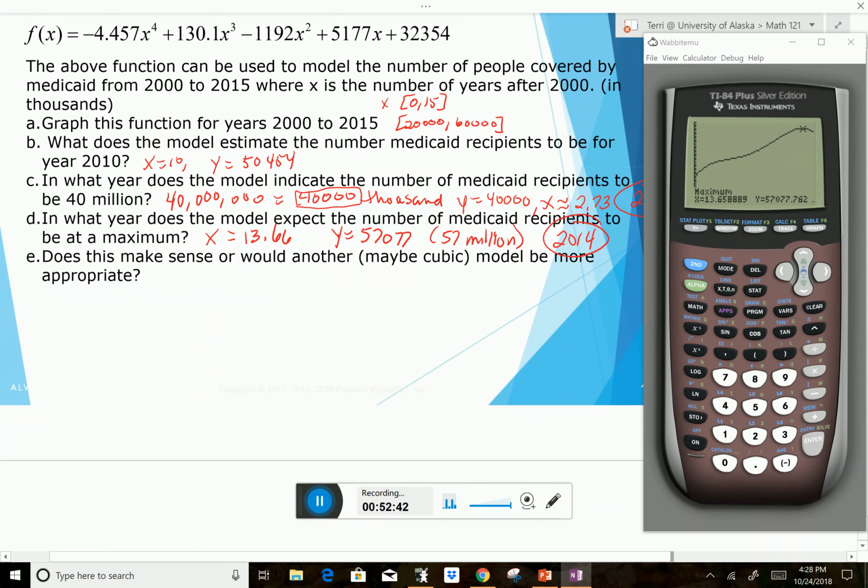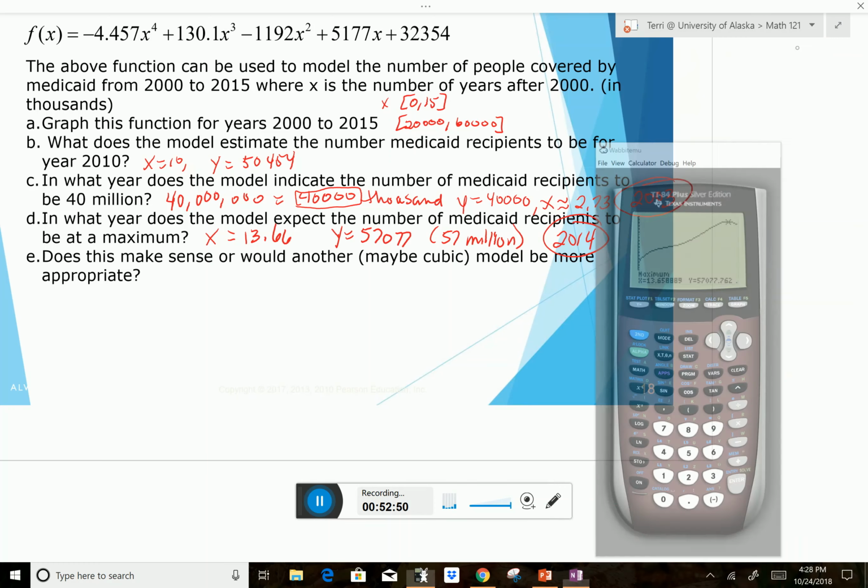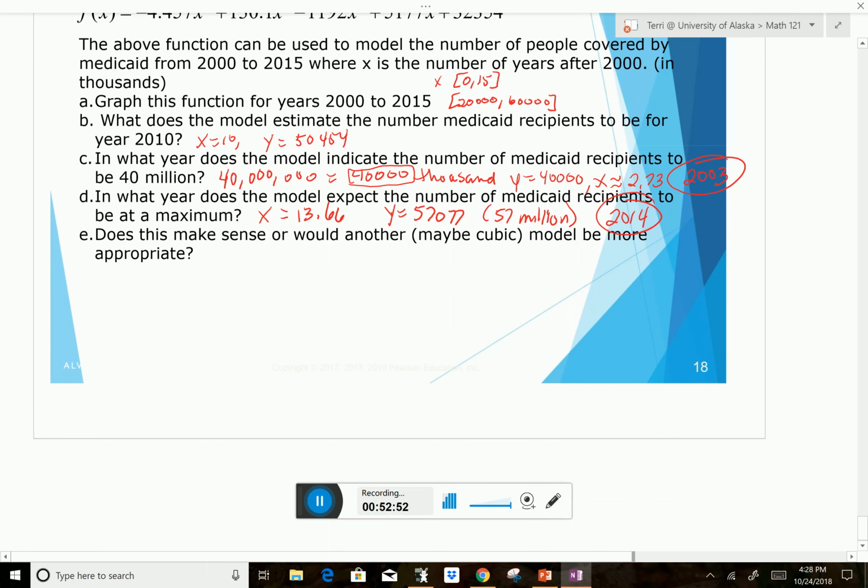So does this make sense, or would another, maybe cubic model be more appropriate? So is it likely, as population is increasing, that we're actually going to have fewer Medicaid recipients, or should it keep increasing? Well, some of that, of course, depends on politics and what state you live in and a lot of other things. It's hard to predict the future. I can see Medicaid going down.